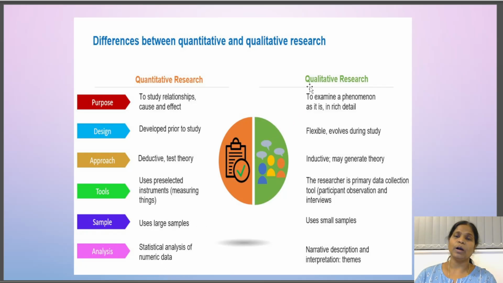But whereas in qualitative studies, it is a description or an observation, interpretation of themes. These are a few differences. Even though it's not a part of the research process, just to have an understanding, we have discussed this.